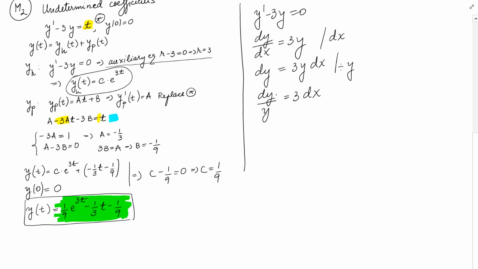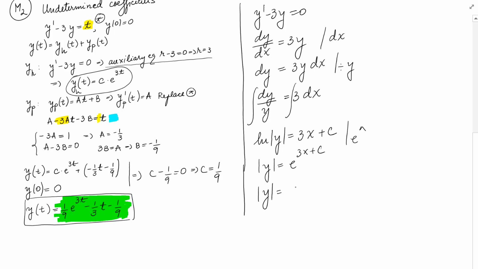There is also a rigorous method to do this instead of separating the variables like that, and it's still the separation of variables method, but we'll use this one. So now the left hand side is ln of absolute value of y, the right hand side is just 3x plus a constant. So if we raise e to everything, we get absolute value of y equals e to 3x plus c, which is e to 3x times e to c, which is a constant.